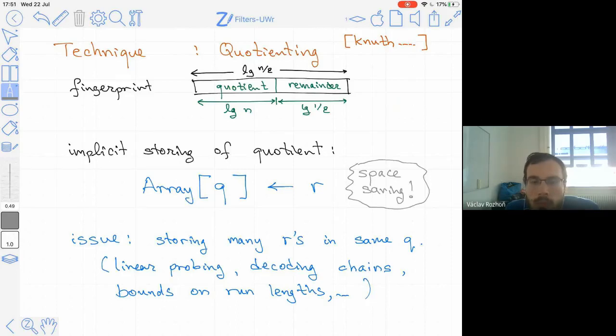In the entry q, you store the remainder r. Now, an issue that arises immediately is that you may have many r's that you need to store in the same q, and then techniques such as linear probing, decoding chains, bound and run lengths, all that stuff comes into play. We will not use any of this stuff.